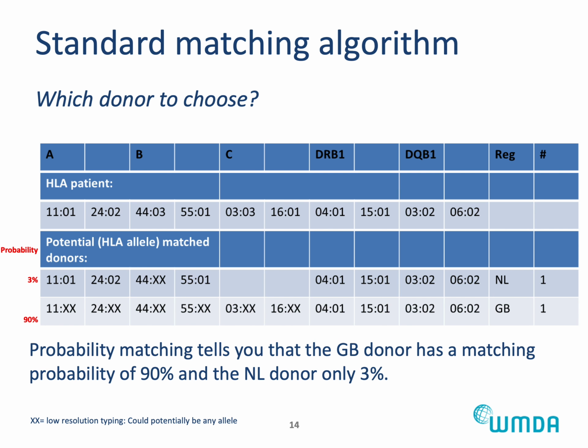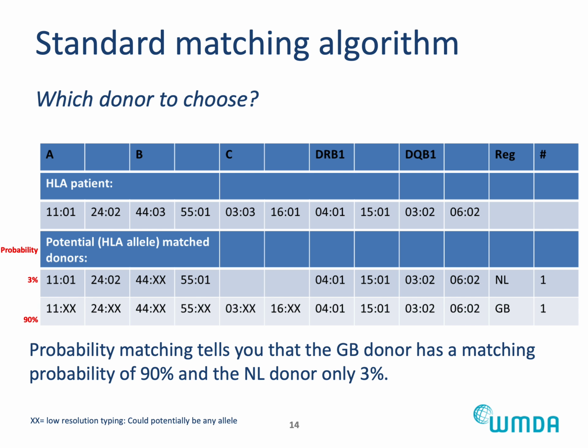Without a probability matching program, one would be tempted to choose the NL donor as this donor is typed at a higher level. But should you have the probability matching program, it can tell you what the chance is that the NL donor will be fully matched with the patient after high resolution typing, and this is only 3%, while it will tell you that the GB donor has a matching probability of 90%.